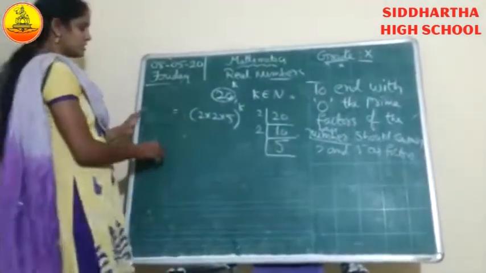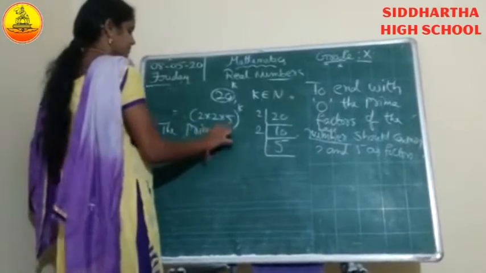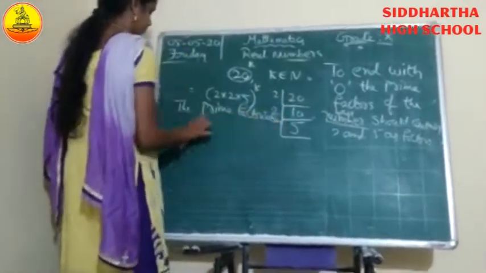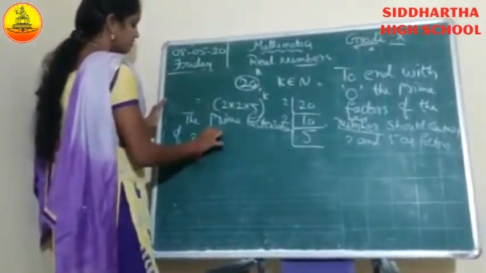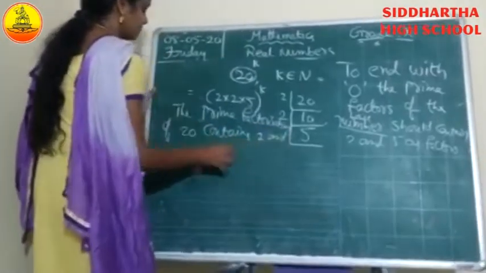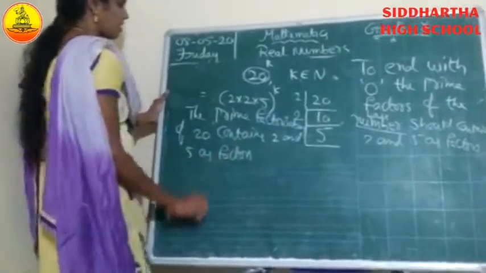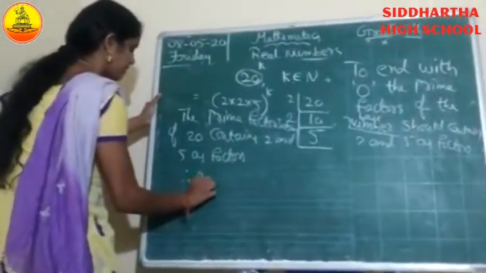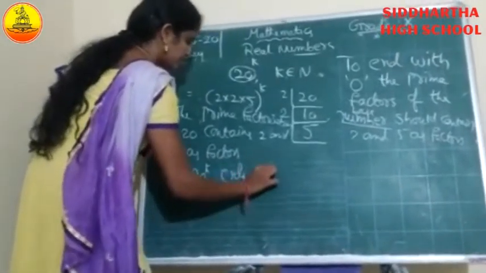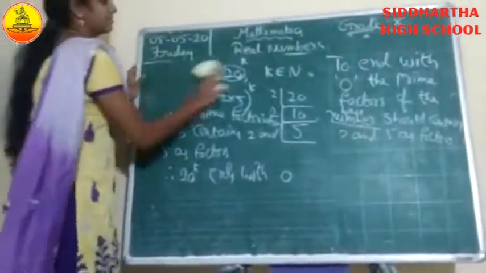The conclusion: the prime factorization of 20 contains 2 and 5 as factors. Therefore, 20 power k ends with 0. Did you understand? So like this you have to write.